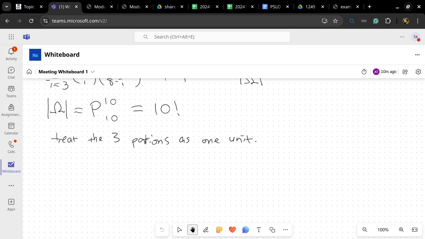So how many other potions do we have? 7 plus the group of 3. So we have 8 things that we have to look at.